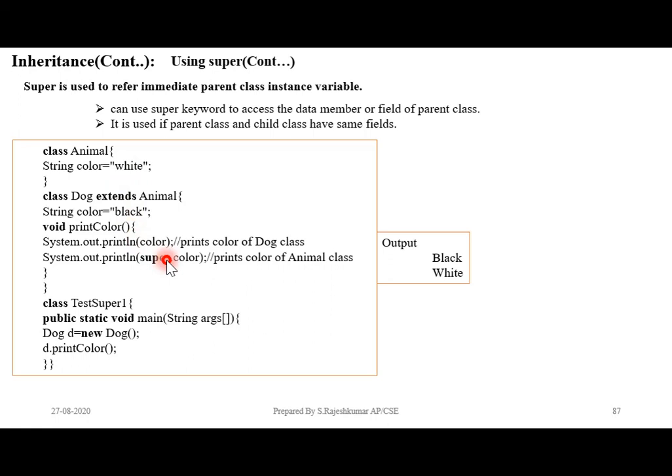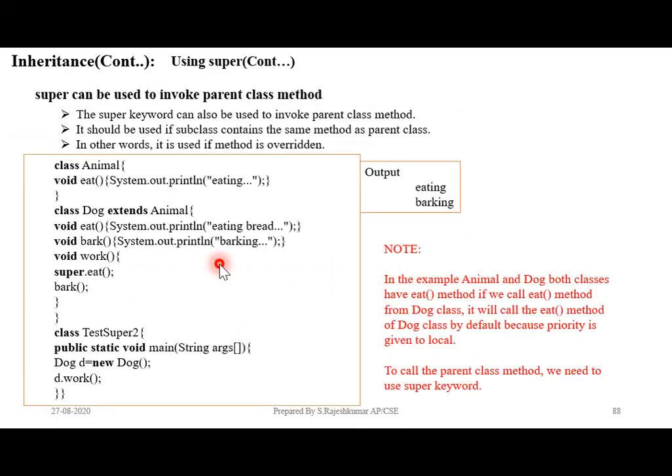Super.color will call the color of Animal, so it will print black and white. Could you understand this? So instead of creating the reference variable, you can directly use the super keyword. The super keyword is a reference variable that directly calls the immediate parent class.